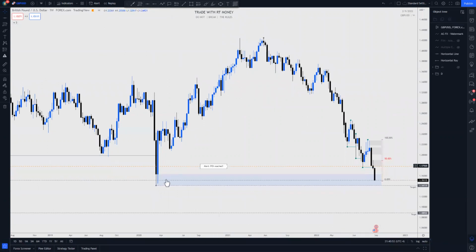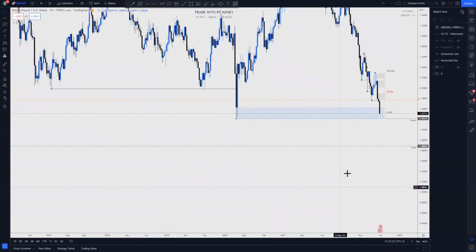Now, what I want you to see is this point right here. This is at 1.1411, the low from 2020. If we break this low, there's a lot of space in between this low and the next opposing strong demand, and that's down here at 1.08850.